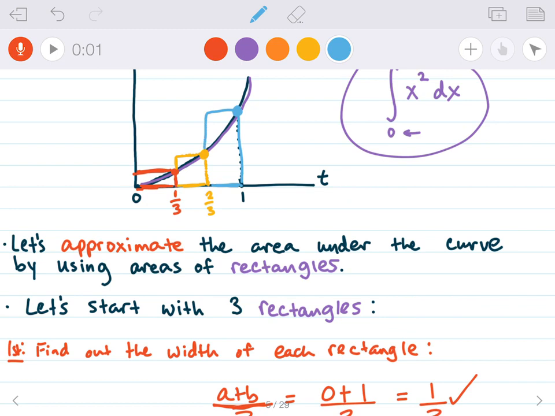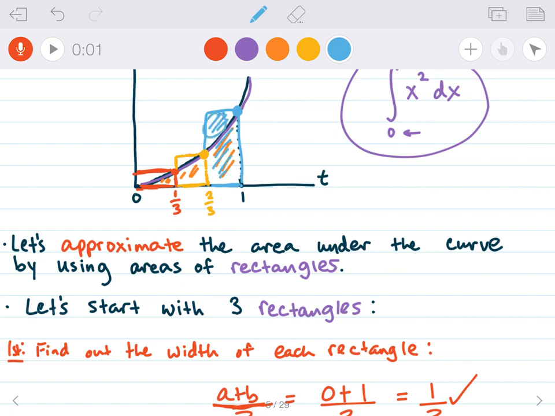All right. So what I'm going to do is take the area of these rectangles and add them up to give me an approximation of the area under the curve. Now this isn't going to be a great approximation because, well, look at what's happening. If I take the area of the blue rectangle, I'm getting all of this, right?